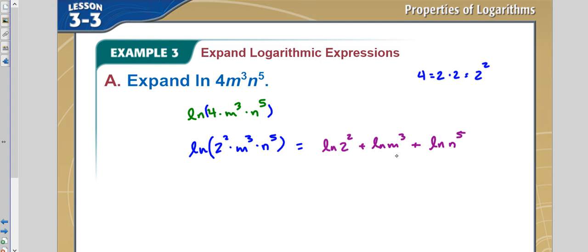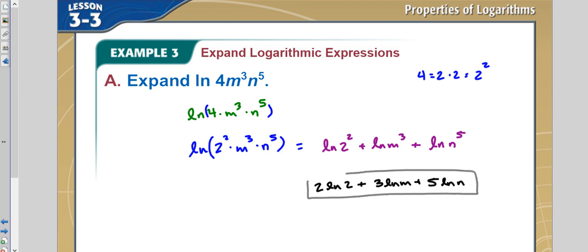Now, the power property says I can move my powers in front. So it'll have 2 times the ln of 2 plus 3 times the ln, natural log, that's what that stands for, of m, plus 5 times the natural log of n. And this here would be my expansion.